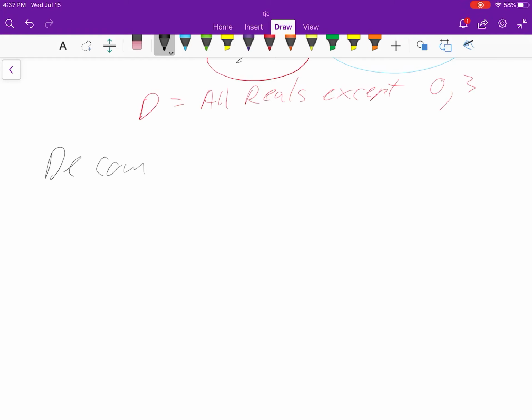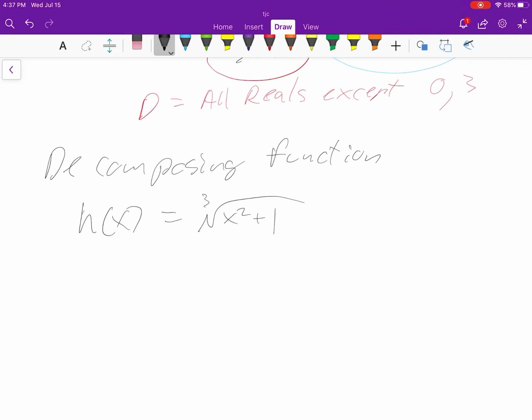The last thing in this chapter is decomposition, which is going backwards. And what they're going to do is, this is just a little bit of intuition, they're going to maybe give you a function like this. And they're going to say, can you rewrite h as a composite of two separate, simpler functions? And the answer is yes.